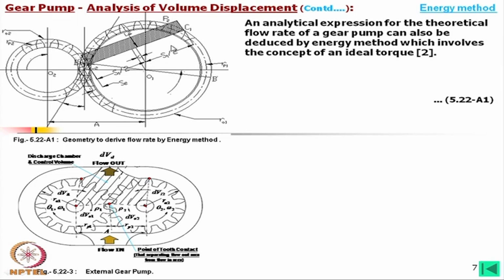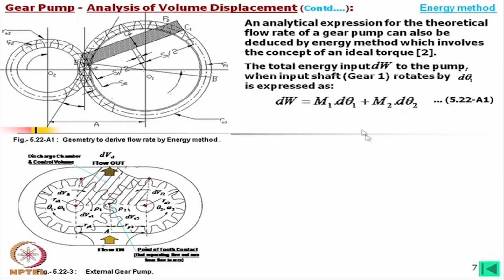Okay. If we consider the power, the rate, then we have to consider speed and torque. Now, in this equation we are considering the energy, not the power. In that case, m1 is the instantaneous torque multiplied by the angle of rotation d theta 1, and m2 is on the other gear, multiplied by d theta 2. Okay. So, this is the total energy.